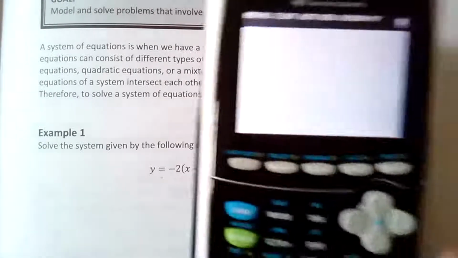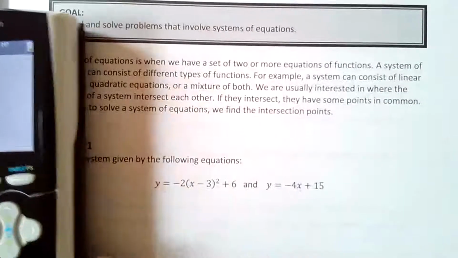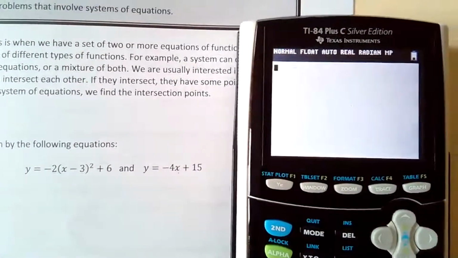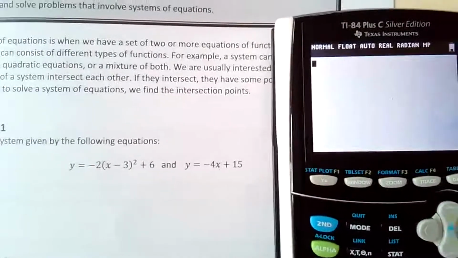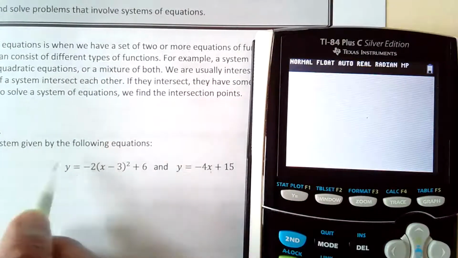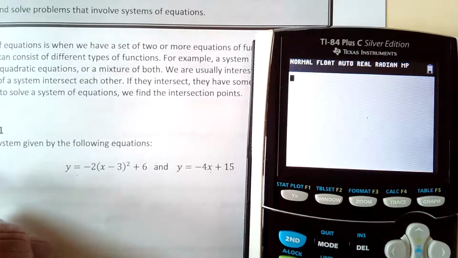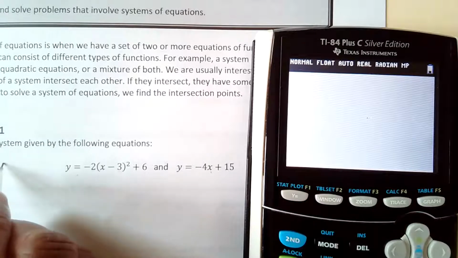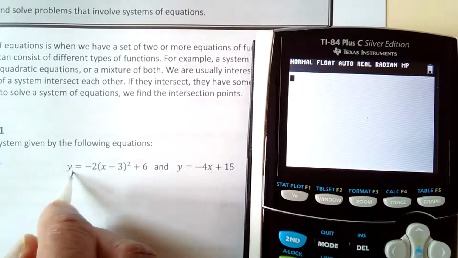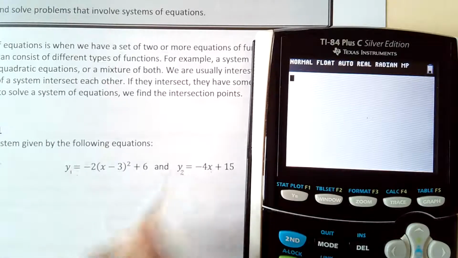I'll use the graphing calculator to show this first. In the first stage, we enter our equations into our calculator. The first step, we enter these two equations into y1 and y2.